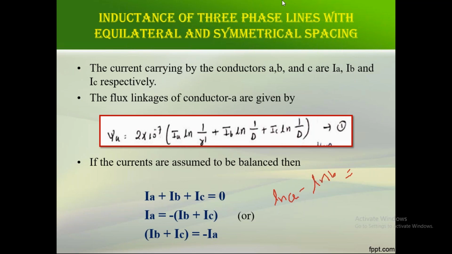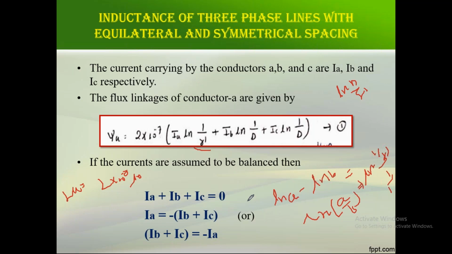Right, log A by B. So if we eliminate this minus term, you can write log A by B. Here A is 1 by r dash, and B is 1 by D. So finally what you will get? ln D by r dash. So the inductance of conductor A, LA, is equal to 2 into 10 power minus 7 ln D by r dash. That's what we are obtaining from only one conductor of the 3 phase.